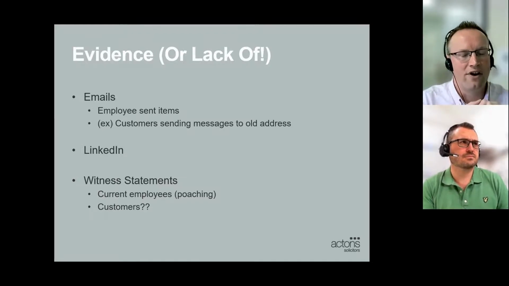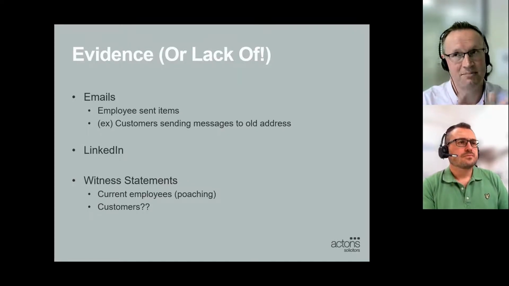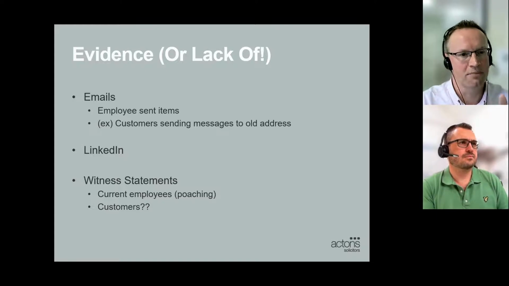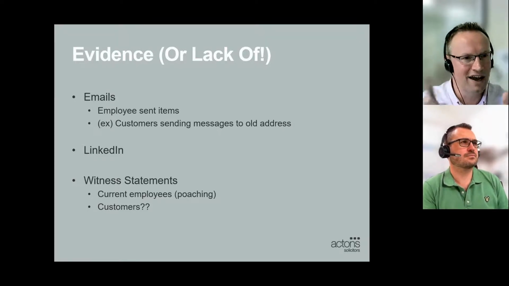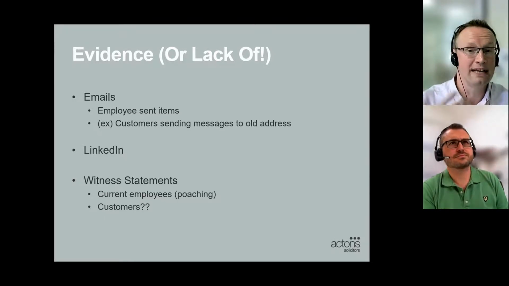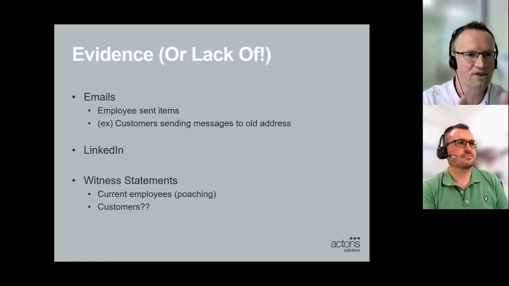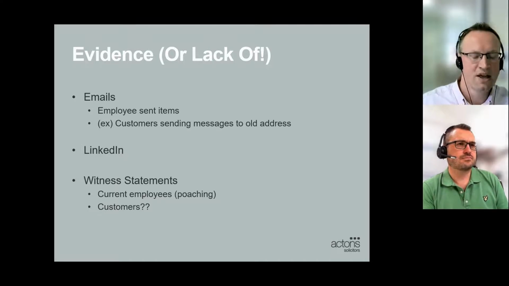Another way of often getting good evidence is where customers, after the employee has moved on and is with perhaps the competitor, just use the auto-predict email address filler, and they tend to send it to the old email address of the employee, in other words, your email address. If you monitor the ex-employee's inbox, something like this can come to light: a customer makes a mistake, and that is good evidence that clearly they have solicited or are dealing with the customers.